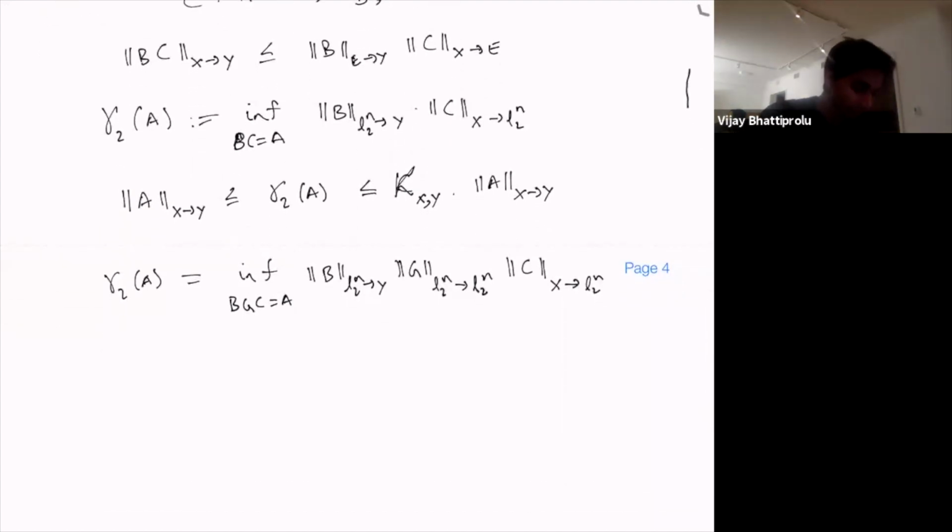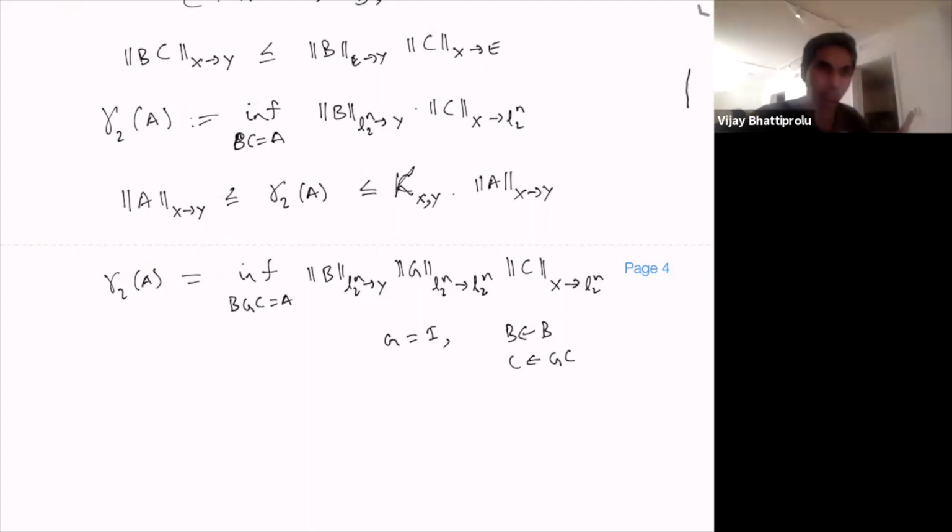The proof that this two-way factorization equals the three-way factorization is very simple. For one direction, you just substitute G as the identity matrix, and for the other direction, you consider the substitution where B goes to B and C gets GC, something like that.